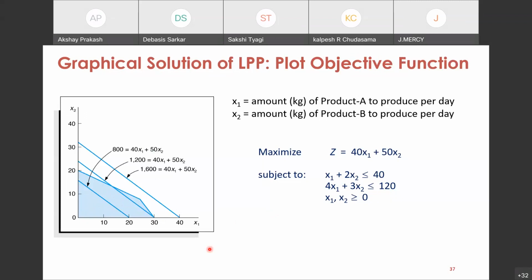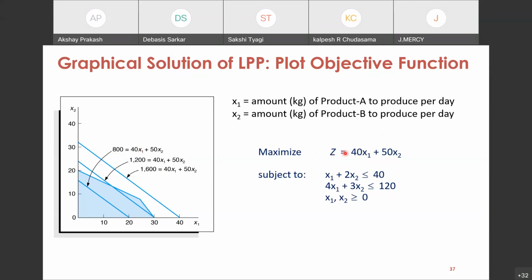Now, the third step was drawing the objective function line. That means this line. So what you will do is draw the objective function line, or the objective function contour. So assume the value of z, let us say I consider z equal to 800.